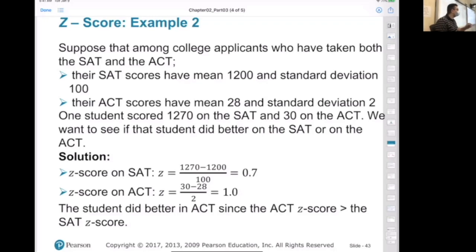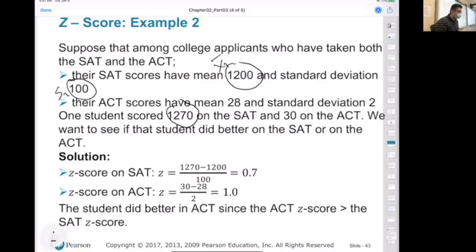But if you have different means for two different groups, in this case you use this score to compare values in these two different groups of scores. So calculate Z for the score 1270. The mean of this score is 1200, and the standard deviation is 100. So this is X bar 1 and S1, because we have two groups.